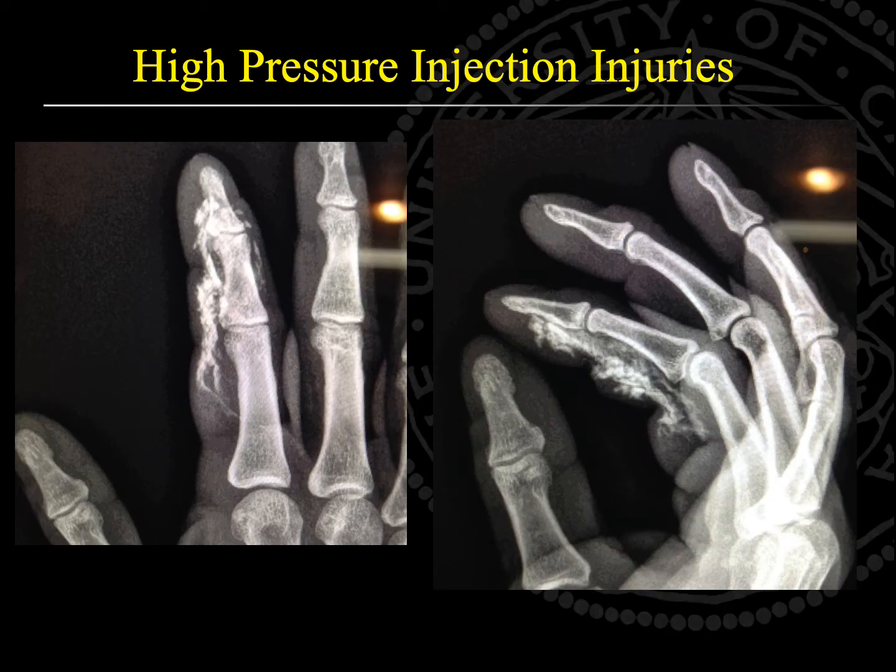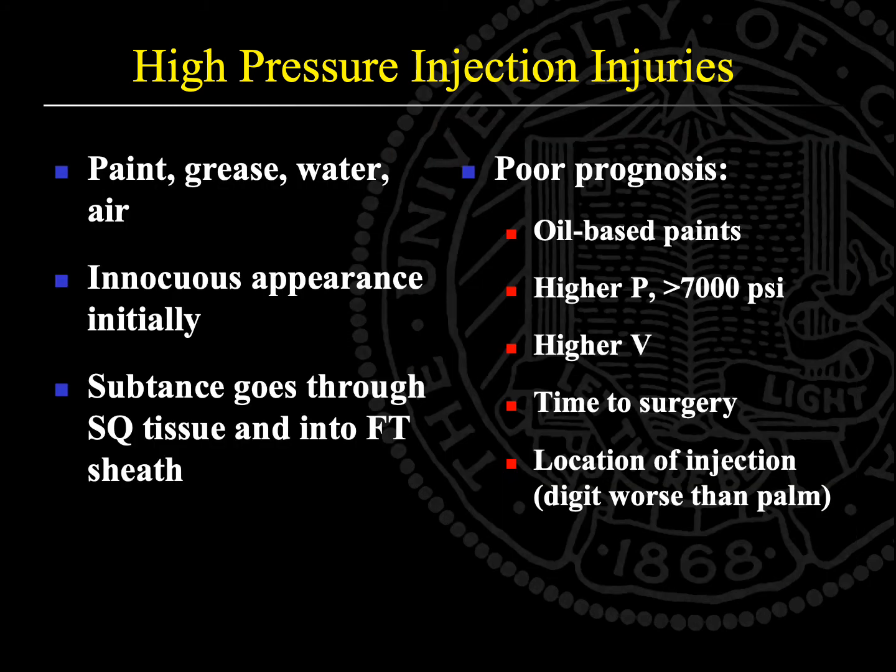High pressure injection injuries, so these are rare, but you will see them. But what you need to know is that it looks pretty benign, but it is overall pretty bad. It's essentially compartment syndrome of the finger and potentially the hand, because if it's oil-based paint or any solvent that is highly reactive, it's going to cause a very noxious reaction in the hand.